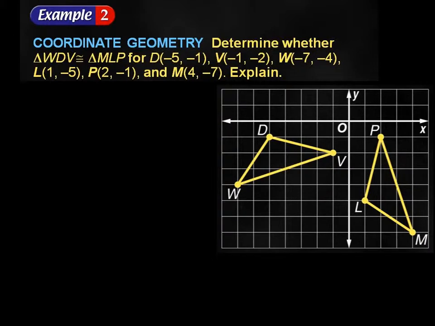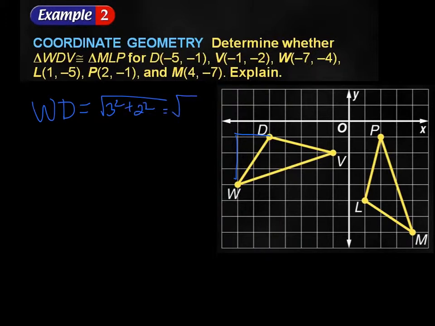Example 2, they gave us the ordered pairs for the vertices of two triangles and asked us to determine whether they are congruent. Again, we get to practice the distance formula. So for WD, we're going to have the square root of 3 squared plus 2 squared.